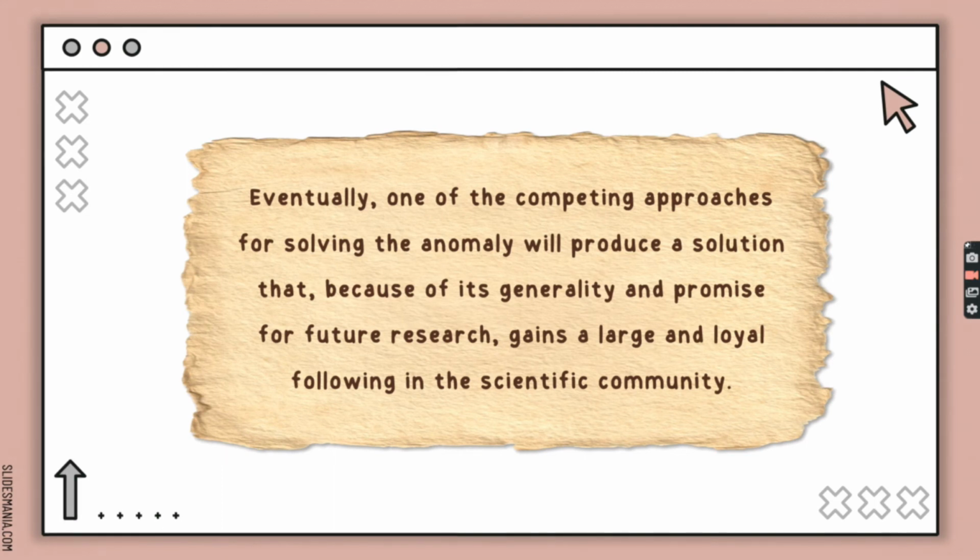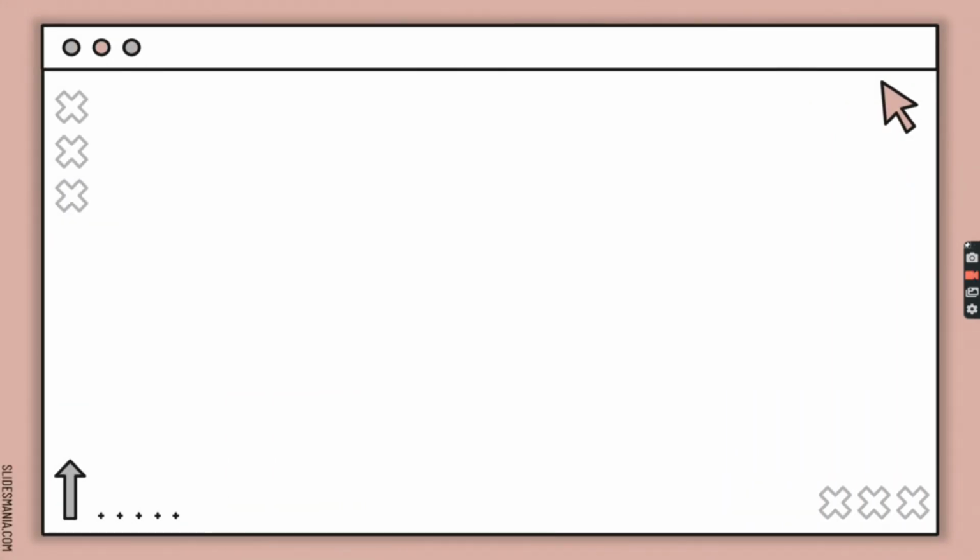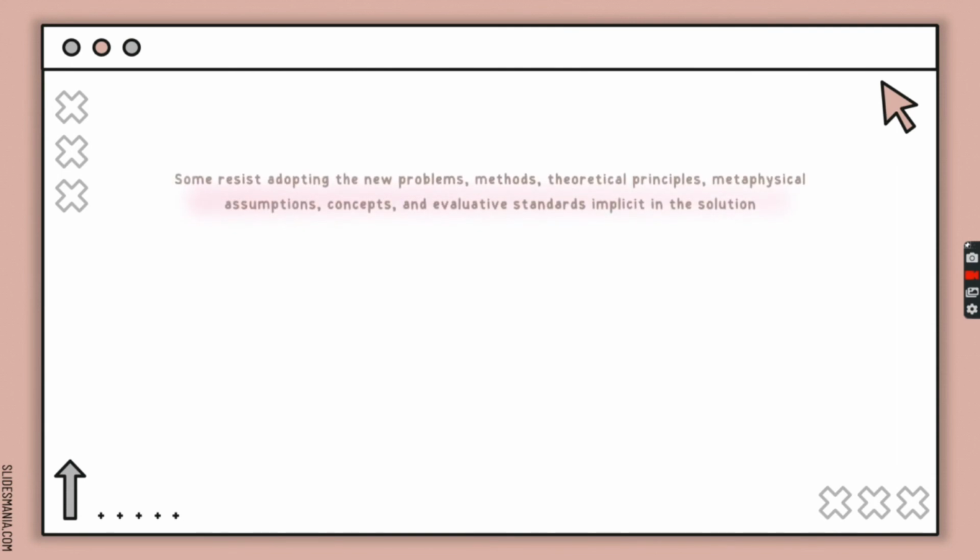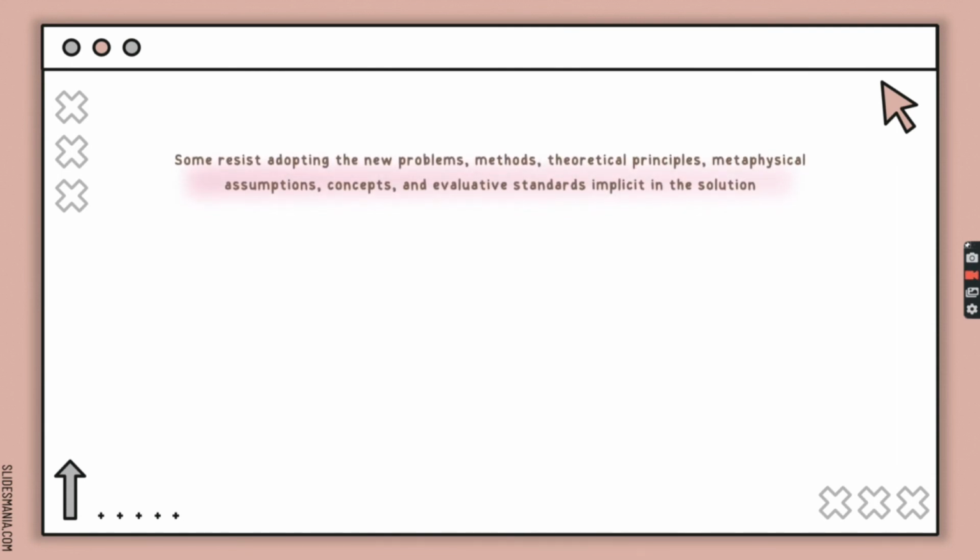Not all members of the scientific community immediately rally to the new paradigm, however. Some resist adopting the new problems, methods, theoretical principles, metaphysical assumptions, concepts, and evaluative standards implicit in the solution, confident in their belief that a solution to the anomaly will eventually emerge that preserves the theoretical, methodological, and evaluative framework of the old paradigm.